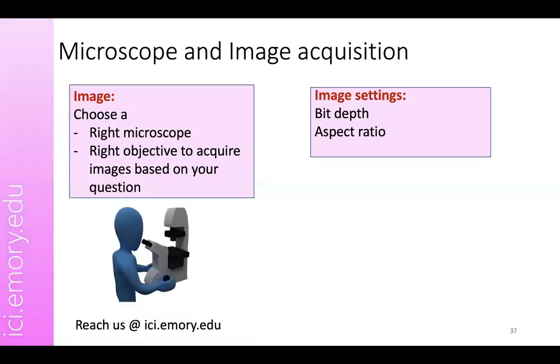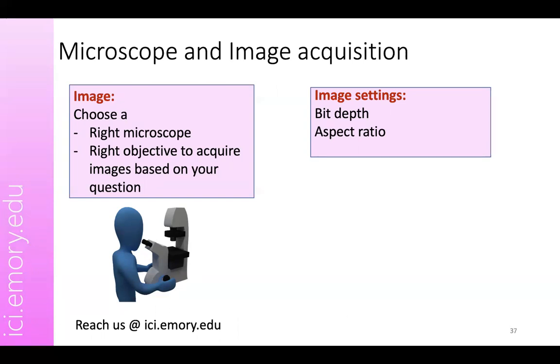So that's something in terms of planning and performing. Then comes what kind of microscope I'm using. I did try to touch on what kind of microscope to use earlier, because everything is really connected with one another.